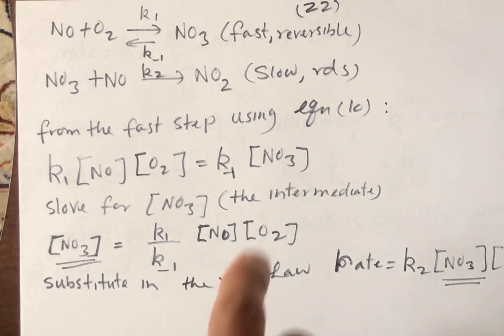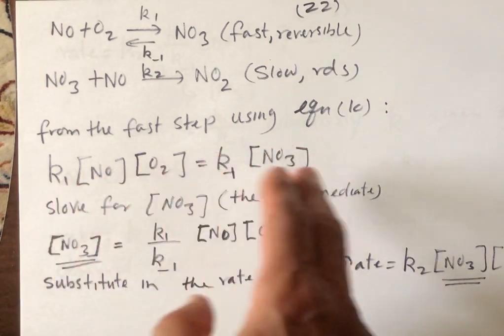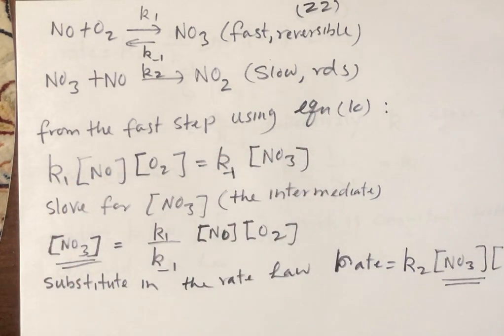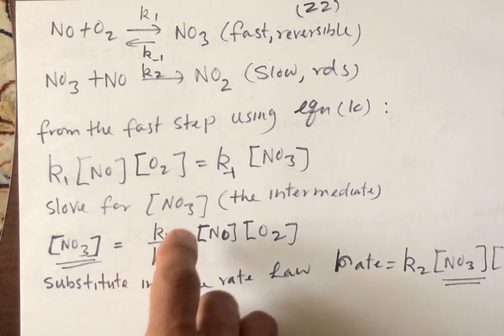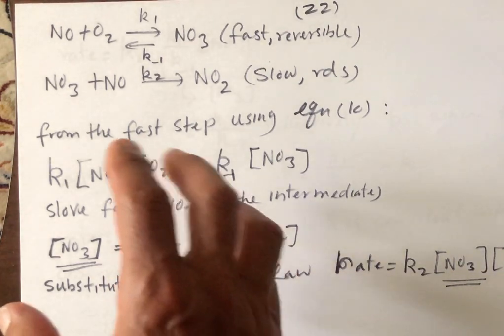So I'm basically dividing both sides by K minus 1. That's all I'm doing to isolate NO3. So NO3 is equal to K1 divided by K minus 1 times NO times O2. And I have intentionally written the ratio of the rates in one term.